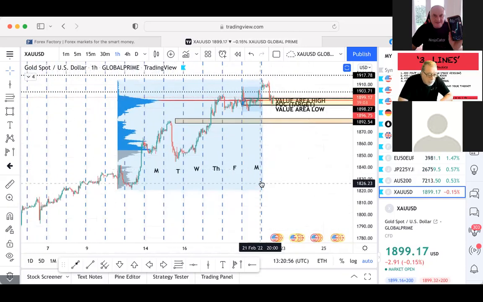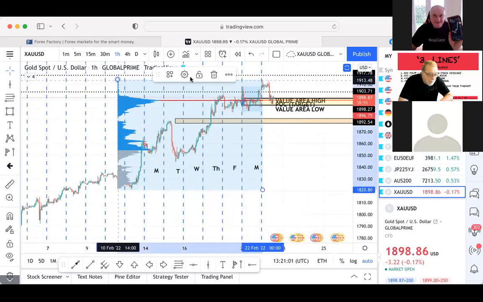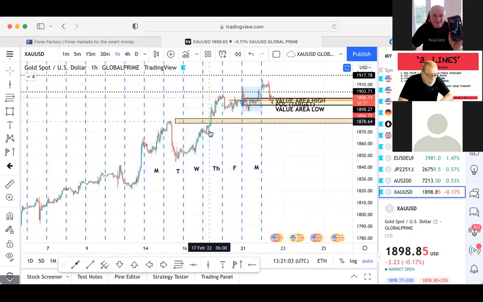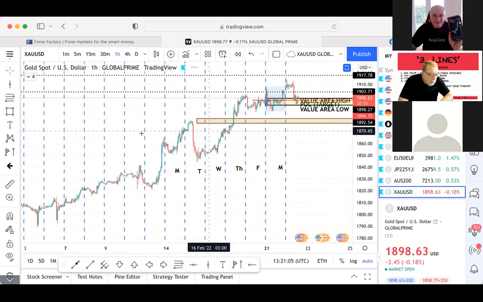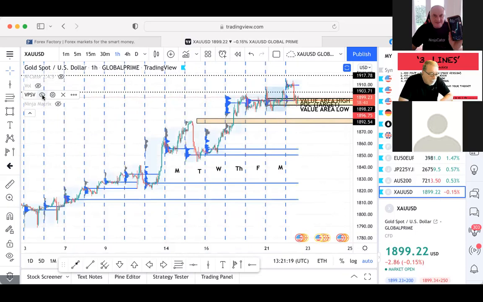And if I just remove this and go back to a slightly different volume profile, you need a paid version of TradingView to use this one, but this one is called VPS3, which is session volume.